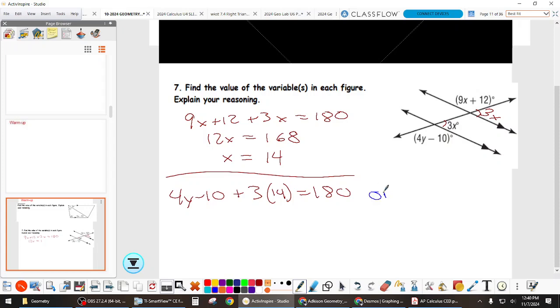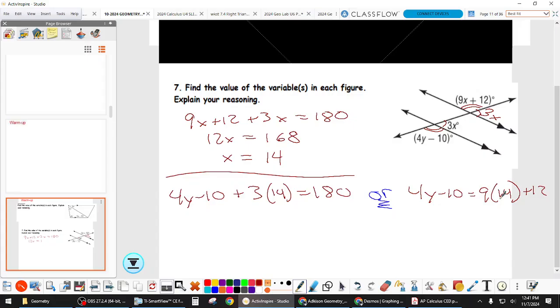Or these two are congruent because they are what? Yeah, those are alternate exterior angles, so you could set those two equal and solve for y. So either one.